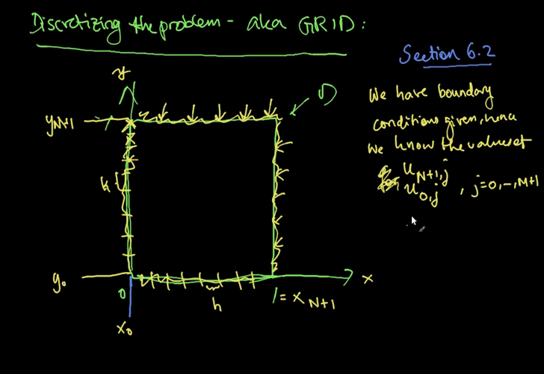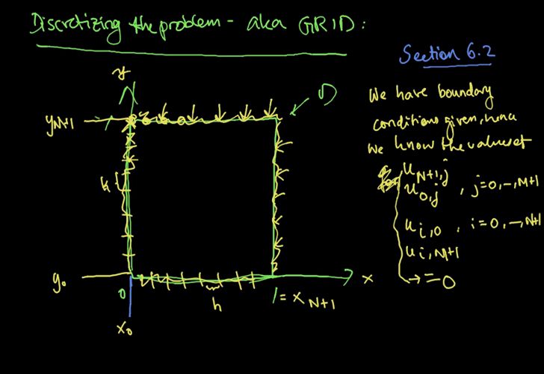And also we know the values of ui comma 0, which corresponds to all the values along this line here, for i going from 0 to n plus 1, and also ui comma m plus 1, which is up here. So the values of all of these points, according to the boundary condition, equal 0.